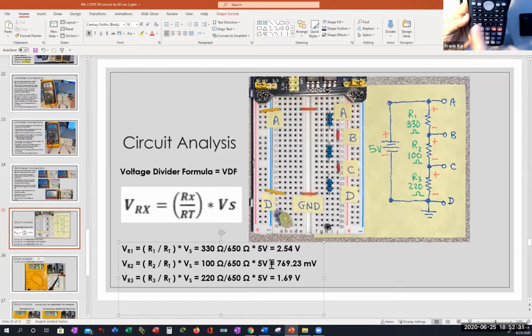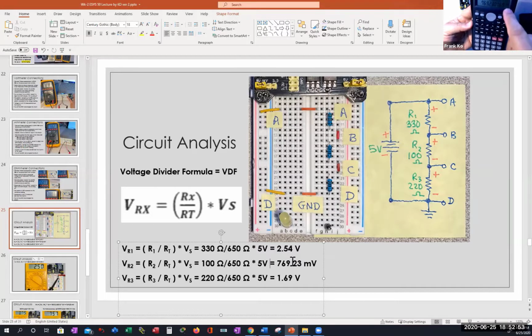Your calculator gives you some scientific thing. You're going to hit engineering. And when you do so, does your calculator show you 769.23, 10 power negative 3? Do you see a 10 power negative 3 on the far right-hand side? Yes. Don't get so excited with the big digits you forget to look at the 10 power negative 3.